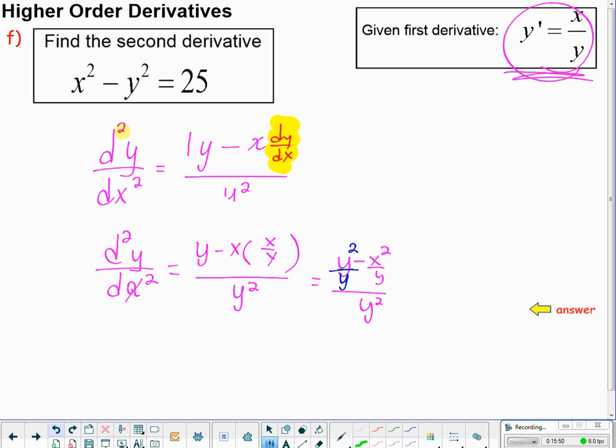That allows me to push these two fractions on top. I can subtract them and then multiply by the reciprocal of the bottom. That gives us an answer of y squared minus x squared over y cubed. And we're done.